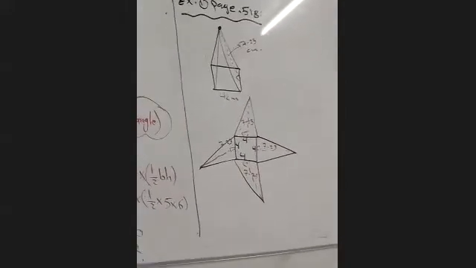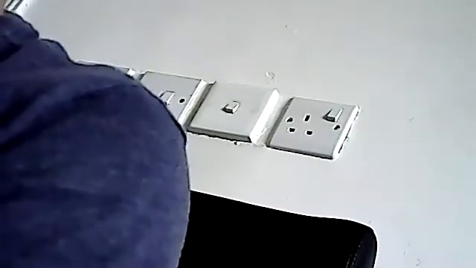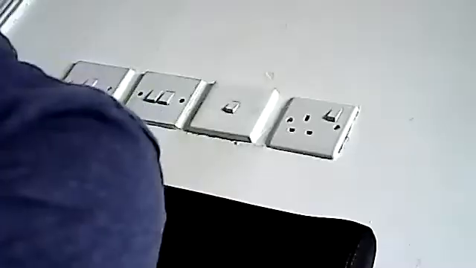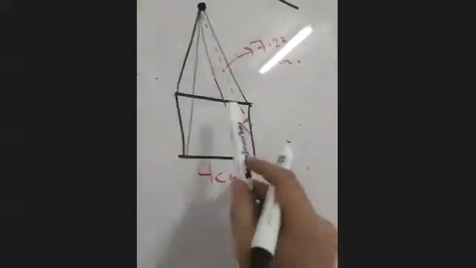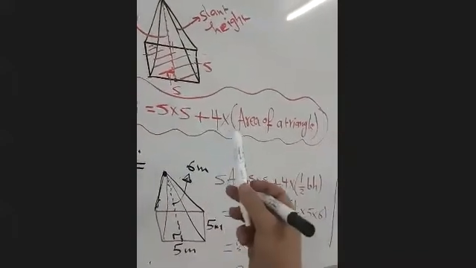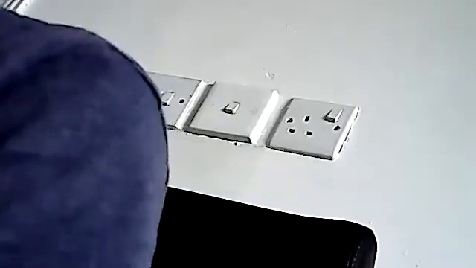Now, how do we find the surface area of it? Let's find the surface area. The surface area is S by S. What's S? S is the side length, 4 by 4. Plus 4 multiply the area of a triangle.